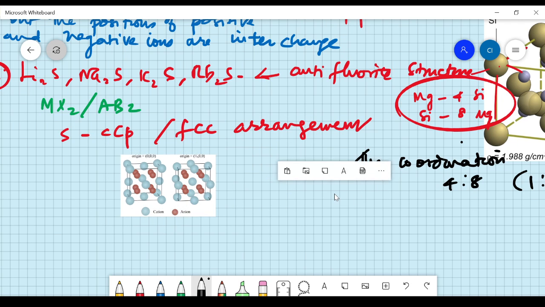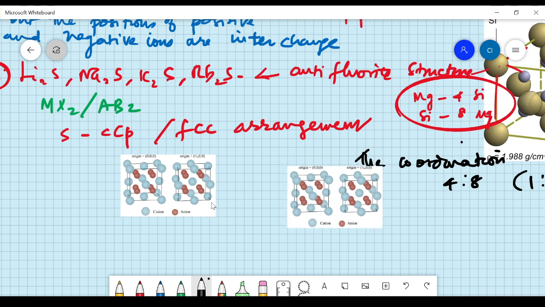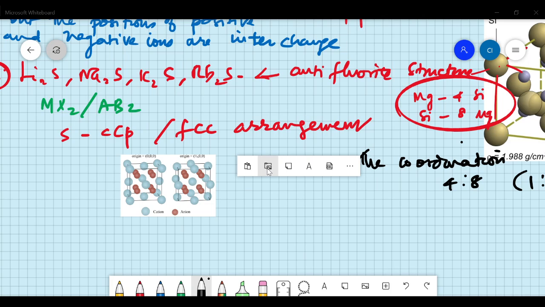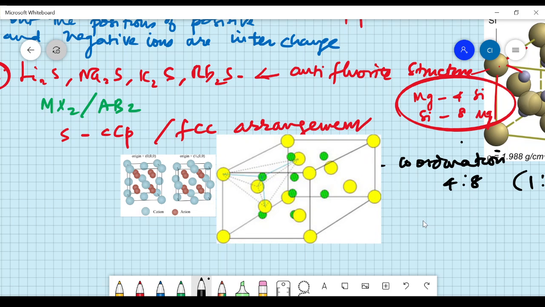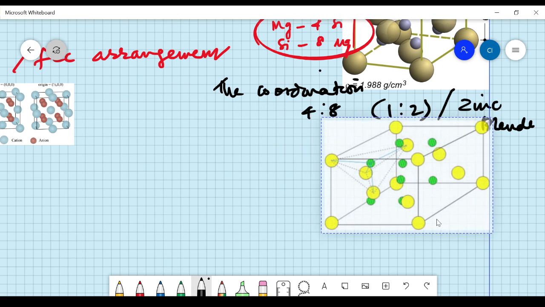And the anti-fluorite structure in a very detailed manner I am putting up again. That is the anti-fluorite structure. Here it is. You can see how similar this one is to this one.